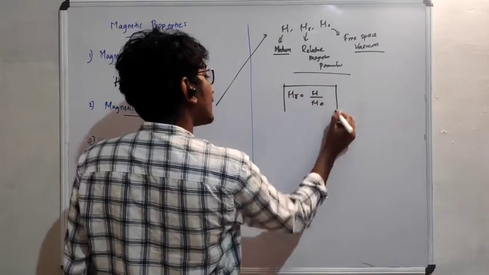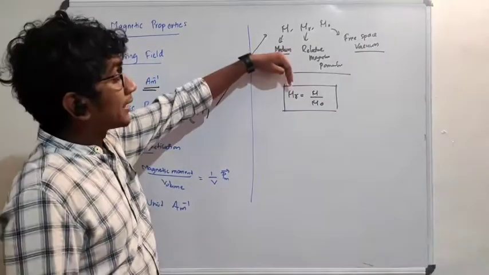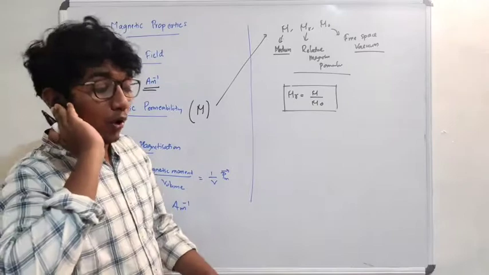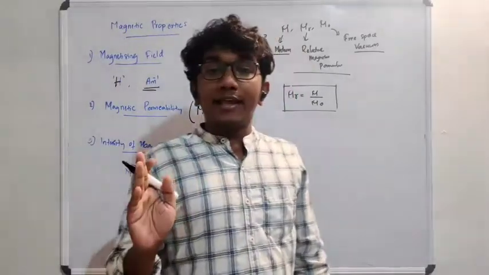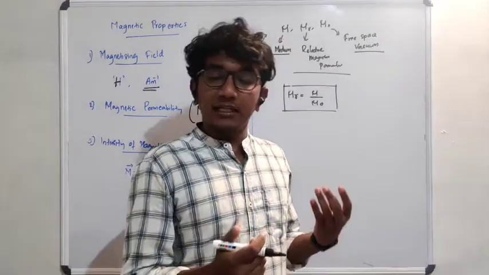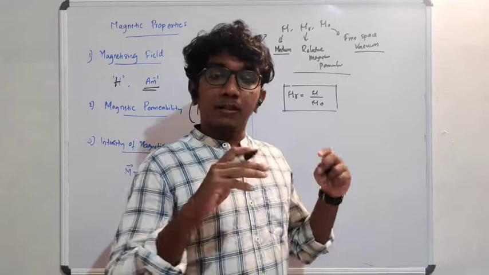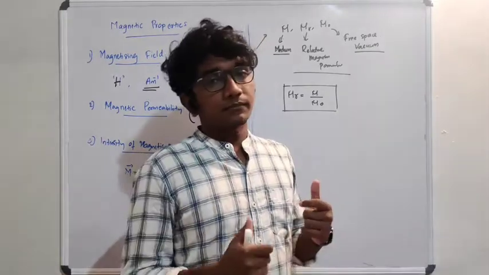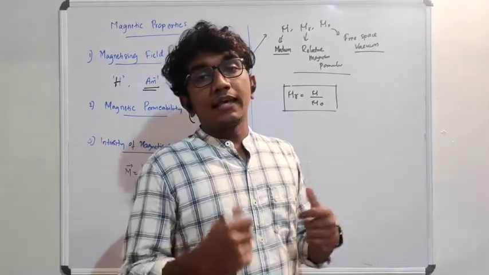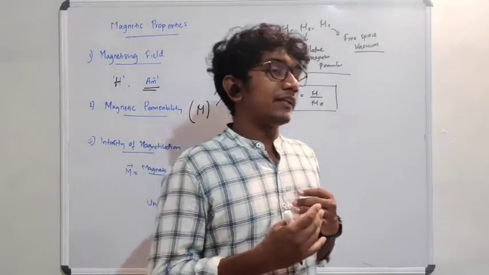This is very important. Why do we consider relative permeability? Because comparison between two mu values is a little bit difficult. For example, if we want to find the mu value of different media, the values will be in the 10 to the power minus 7 range.